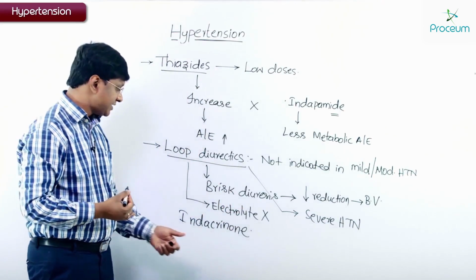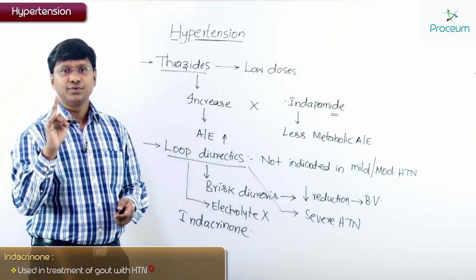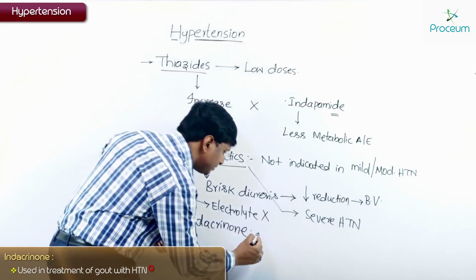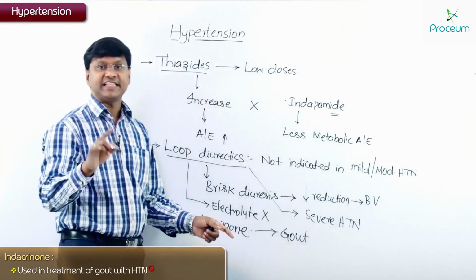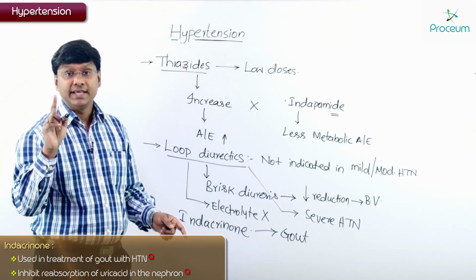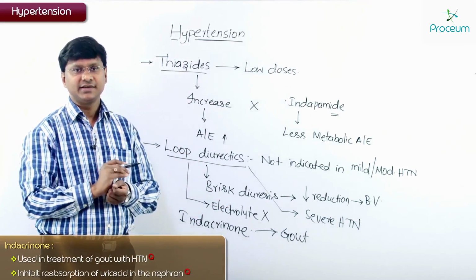If you take this particular indapamide, it can be used in patients with gout with hypertension. Why? Because it will inhibit the reabsorption of uric acid in the nephron.